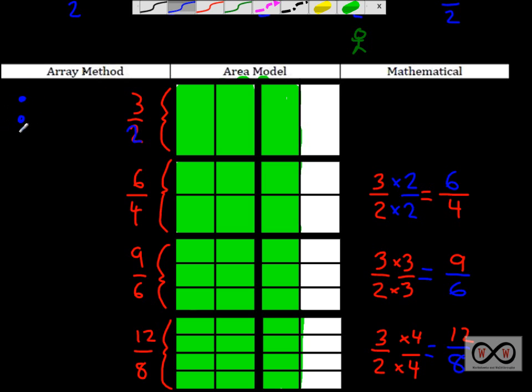So 2 people make up one team or one group. However, since we have a fraction that's greater than 1 whole, we need more than one array or set. So let's take a look at making another one with 2 parts that make up that whole set. So there's one set and there's another.